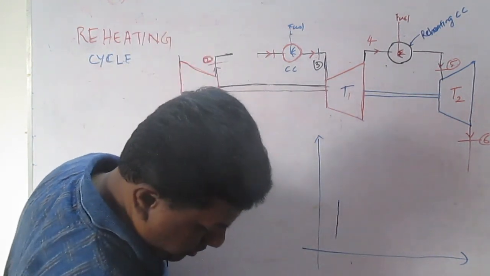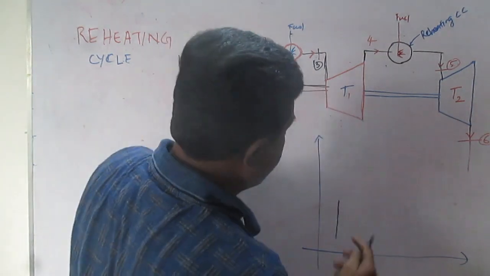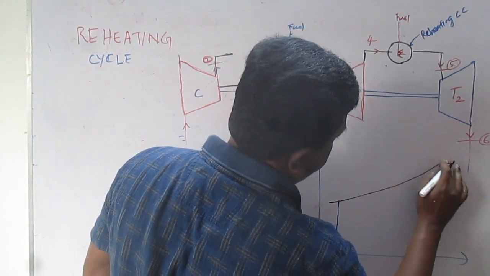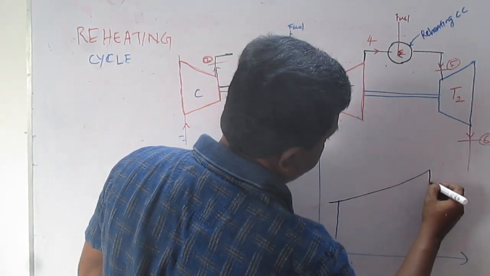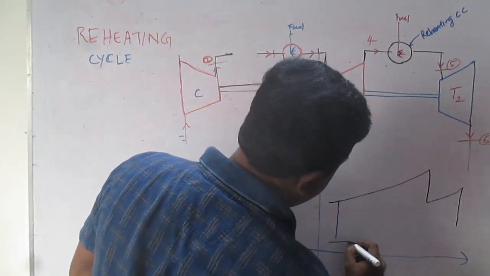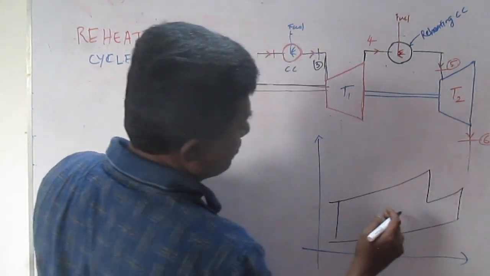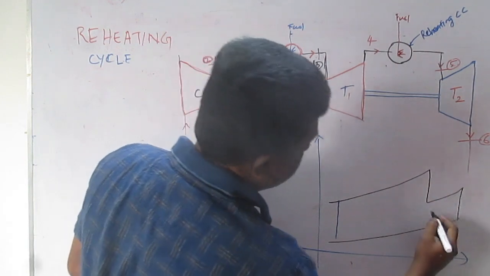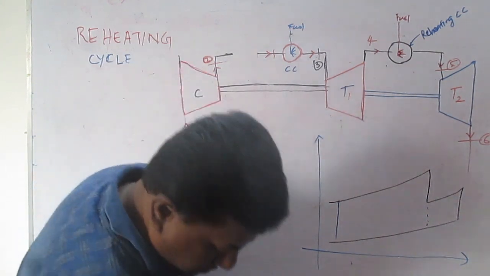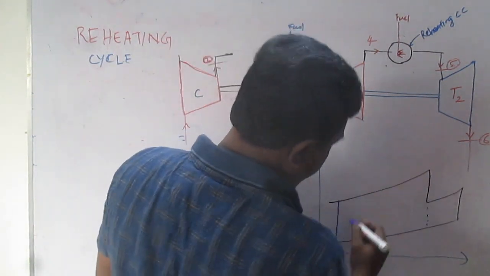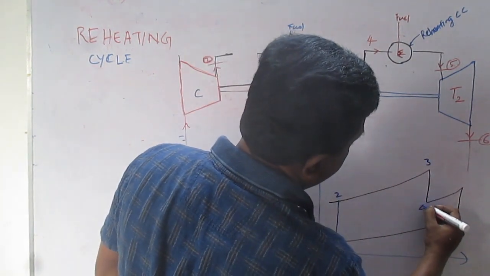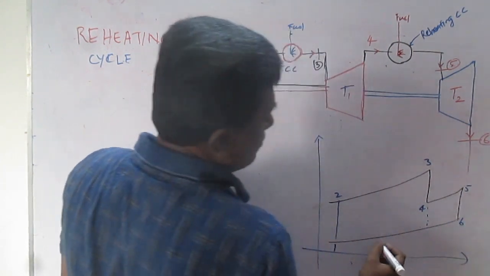So this is the TS diagram. Here the turbine is split into two stages. This is 1, 2 and 3, 4, 5 and 6, and this is 4 dash.